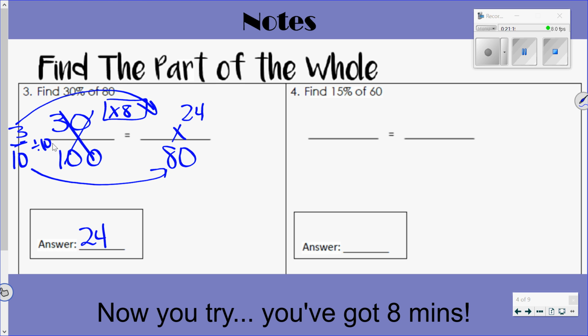I figured out how much was in 1% and then multiplied that by what? 1% I found is 0.8. And so I multiplied 0.8 by 30%. So you just said 30 over 100 times 0.8.